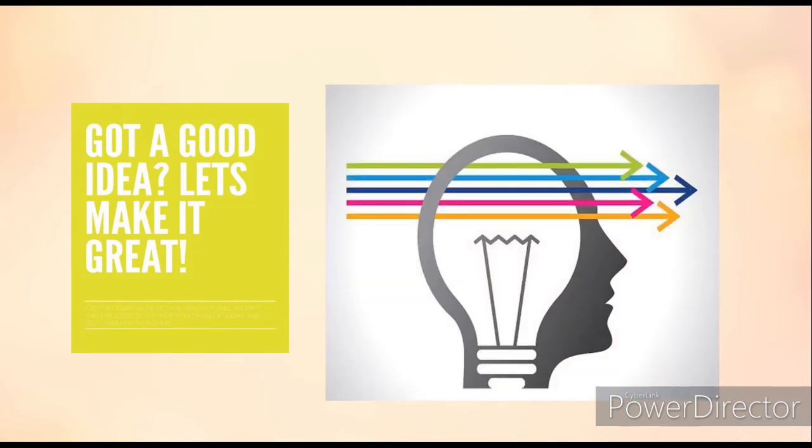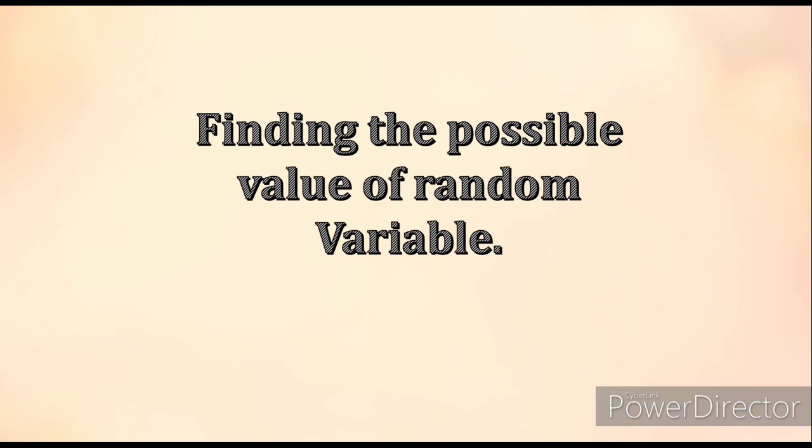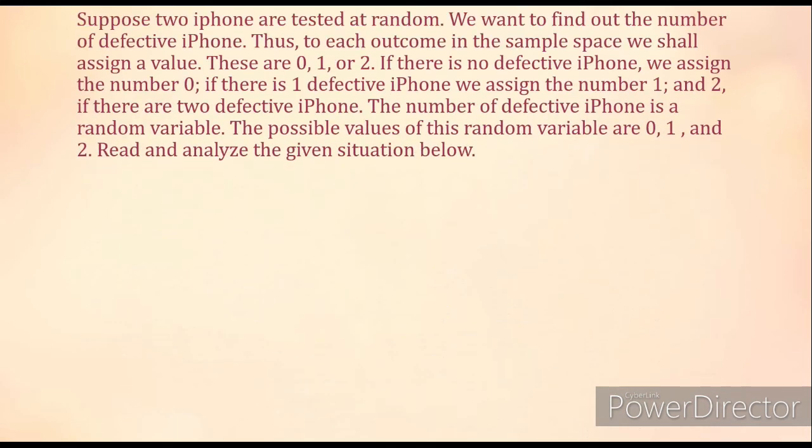So let's continue. Let us have finding the possible values of a random variable. Suppose 2 iPhones are tested at random. We want to find out the number of defective iPhones. Thus, to each outcome in the sample space, we will assign a value.